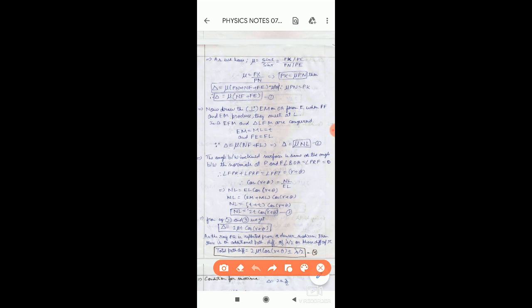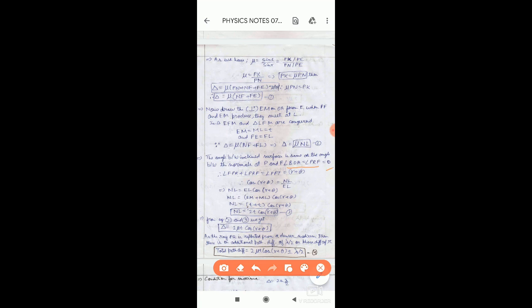Now the angle between the inclined surfaces is the same as the angle between the normals at P and F. Angle BOA equals angle PRF equals theta.